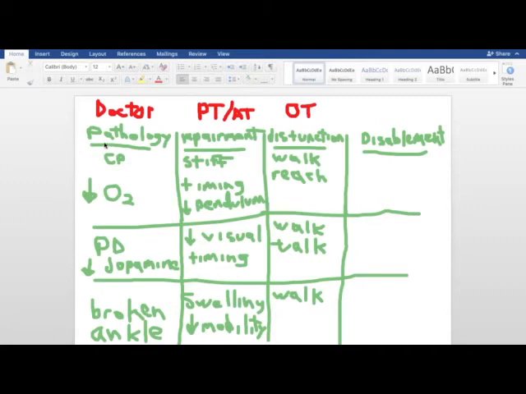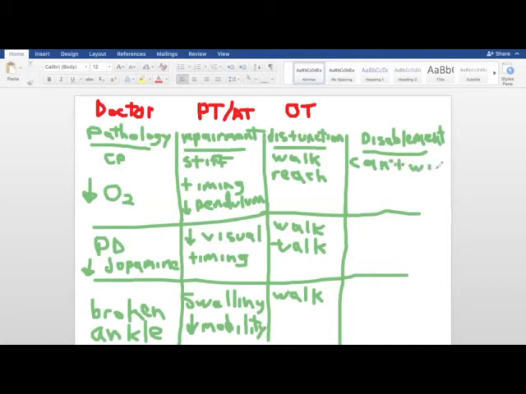So there's a pathology level, an impairment level, a dysfunction level, and a disablement level. Because this individual can't walk and can't reach, it could be that they can't go to work. And when they can't go to work, then all of a sudden their ability to function in society is compromised.